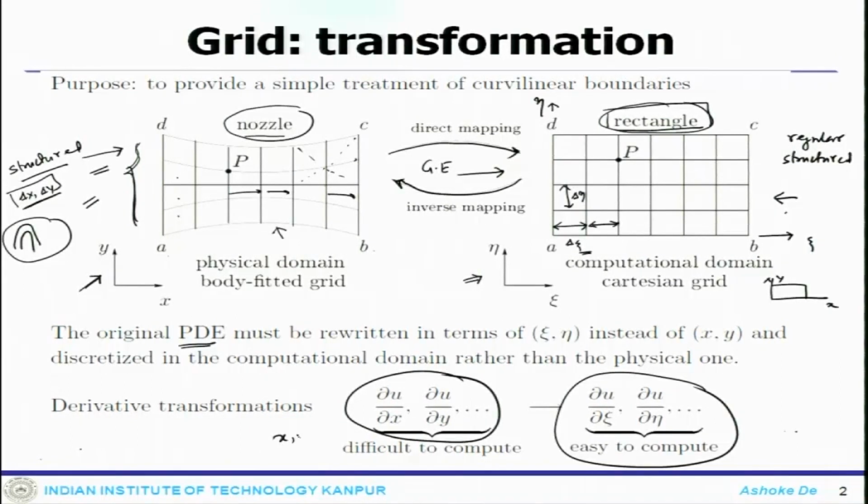This is in my xy system; now I will transform them to the xi eta system. So, not only the transformation of the grid is required, I have to map my equation system to this mapped system, and while doing that, I need to transform my derivatives. And once I do that, I can solve my problem in this mapped domain and then do the inverse mapping to get back to the physical problem of interest.